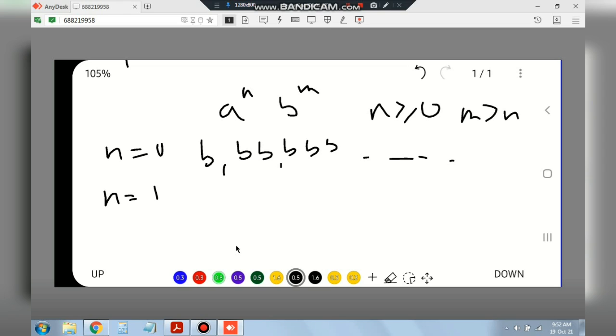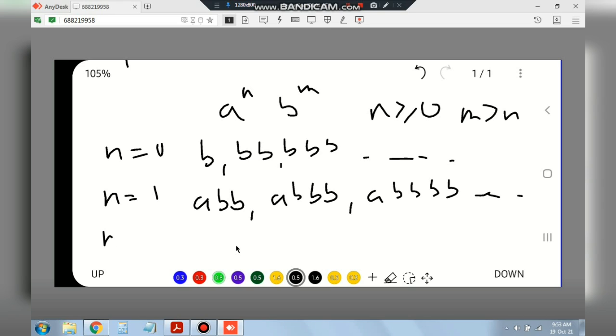If n is equal to 1, what are the values of m? m will be 2 or more, right? So if n is 1, it will be a followed by 2 or more b's. So it should be a, b, b, and then a followed by 3 b's, a followed by 4 b's, and so on.